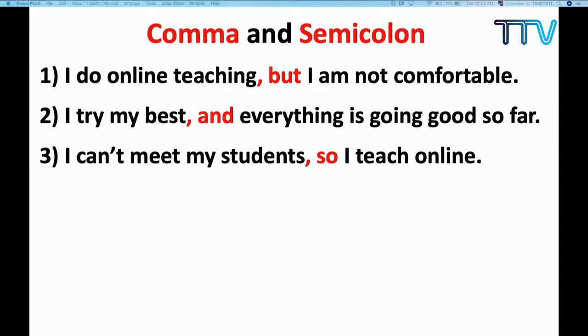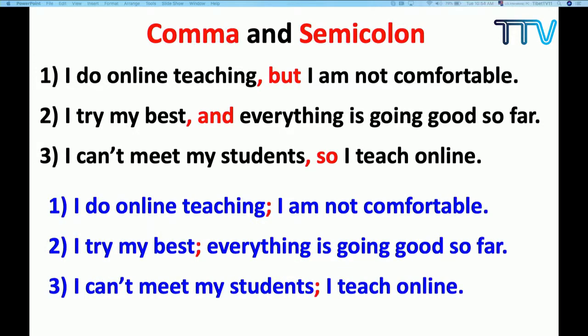I do online teaching, comma, but I'm not comfortable. Do you see the comma before the connector? The same thing applies to the next sentence. I try my best, comma, and everything is going good so far. And the third one, I can't meet my students, comma, so I teach online.